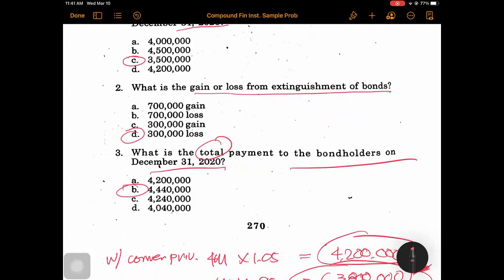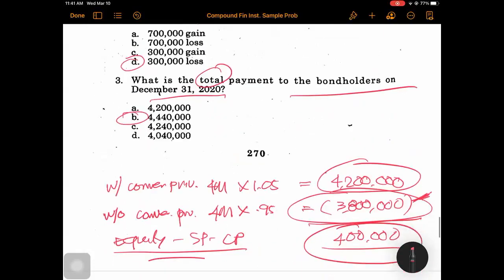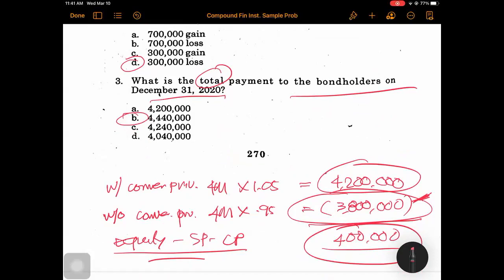Inyong quiz kay naunsa man to inyong quiz last time. Sa notes payable, di na lang ko mag-discuss karon og notes payable because ang notes payable same raman sa bonds payable.